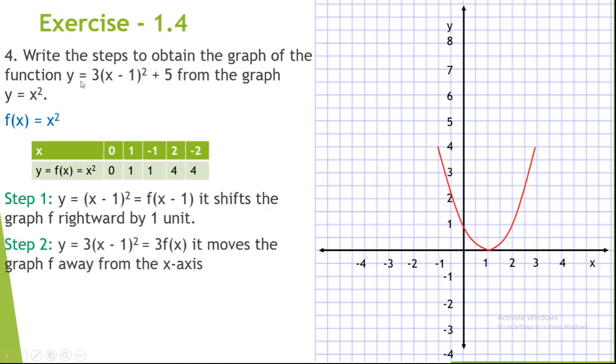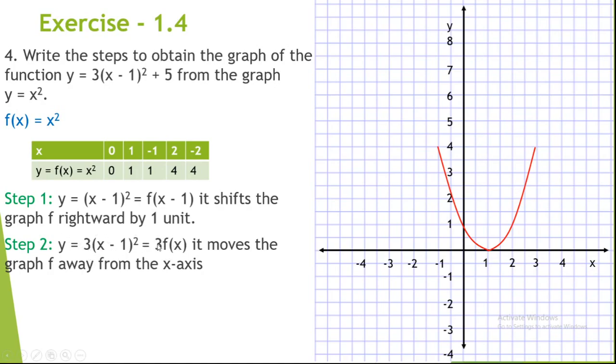Now second step, this 3 should be multiplied. With the function we are multiplying 3. Multiplying by 3 is nothing but a dilation constant. When you multiply by a positive constant which is greater than 1, the graph will move away from the x-axis, we learned, isn't it? So that is what is done here. So 3 into f of x.